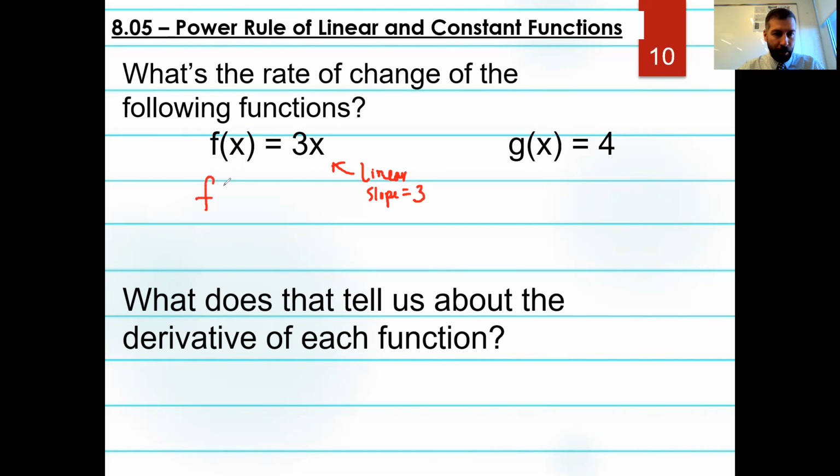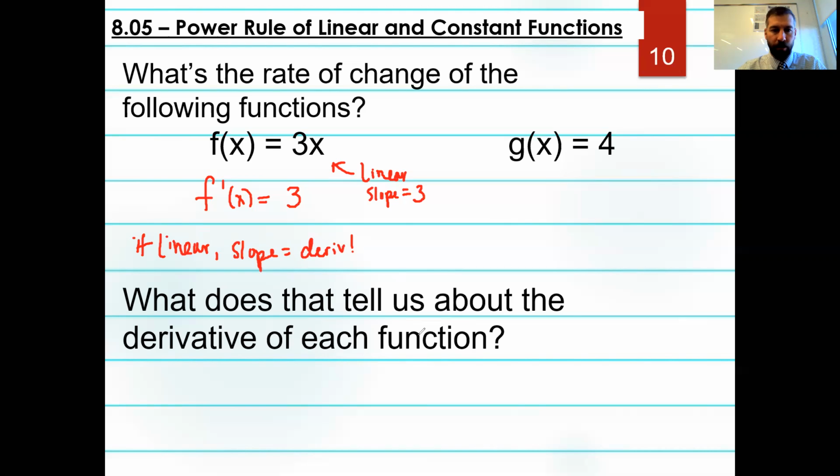So no matter what I plug in for x, my slope is always going to be 3. So basically, for any linear function, if linear, the slope is equal to the derivative.